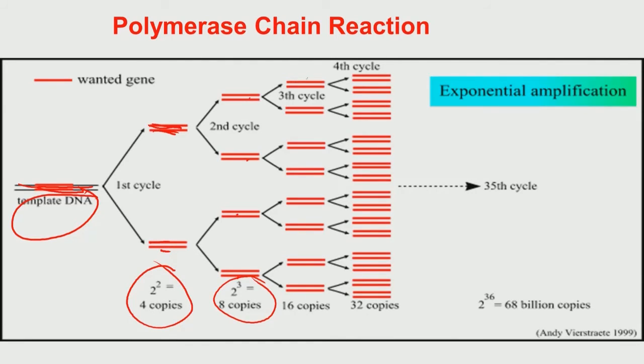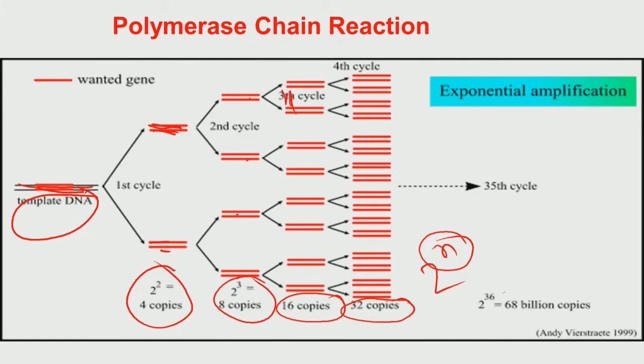In the third cycle, each pair of the copies will again produce more, giving 16 copies. Likewise, it will undergo exponential amplification, and it would be 2 to the power n, where n is the total number of cycles.